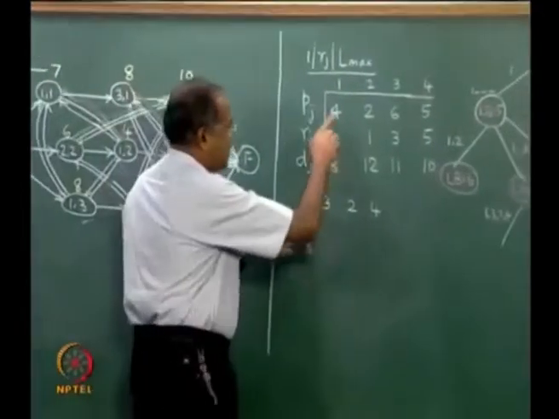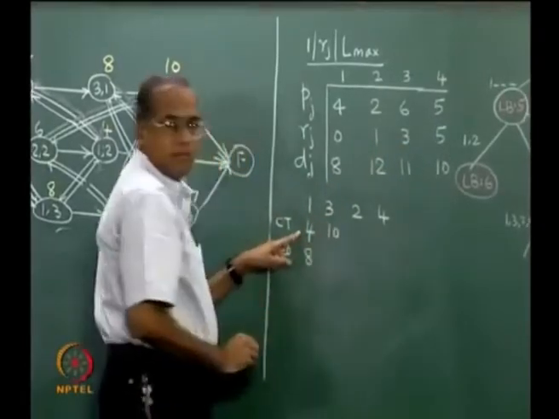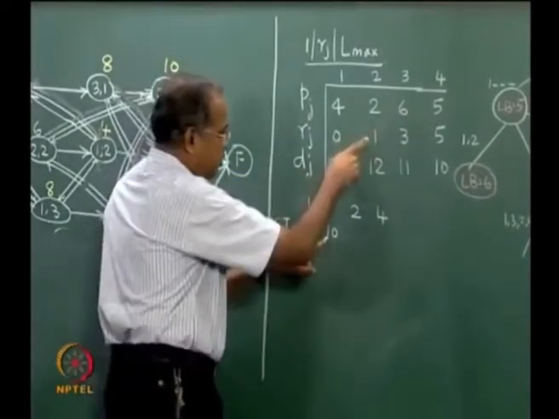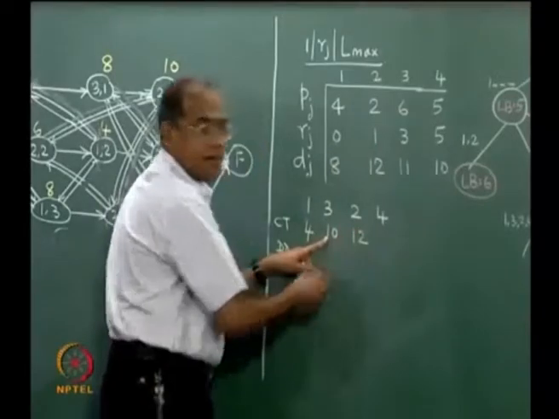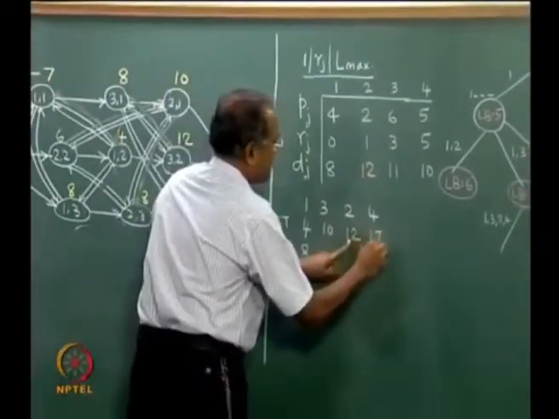So, for job 1 the completion time is 4. Job 3 is available, 4 plus 6 is 10. At 10, job 2 is available, 10 plus 2 is 12, and at 12, job 4 is available, 12 plus 5 is 17.